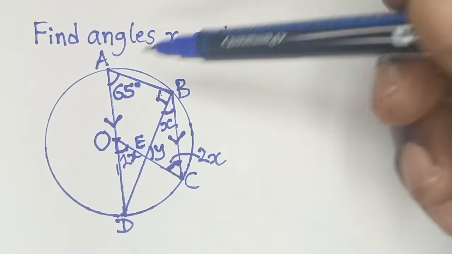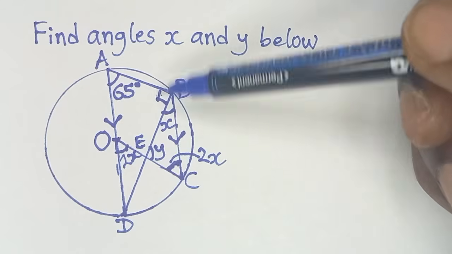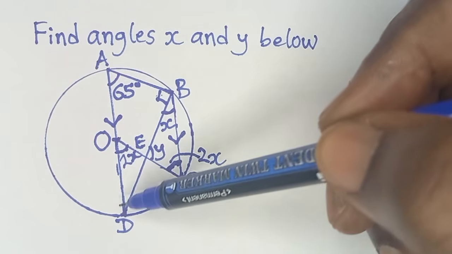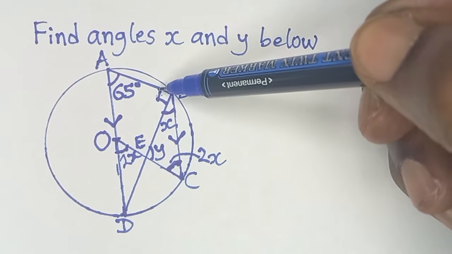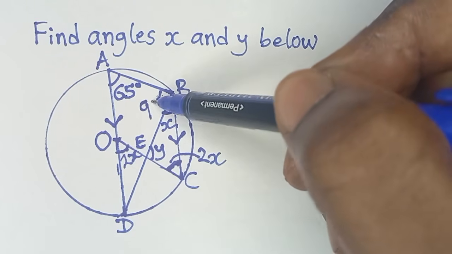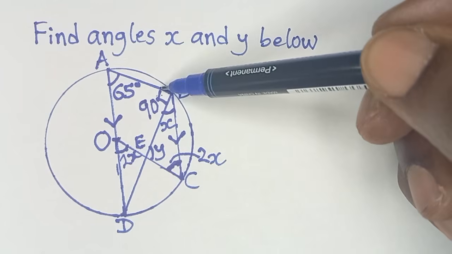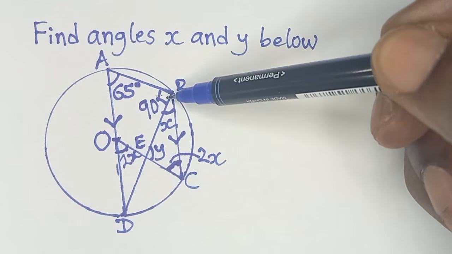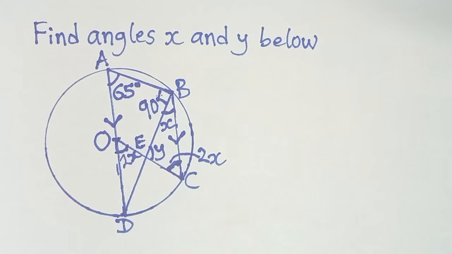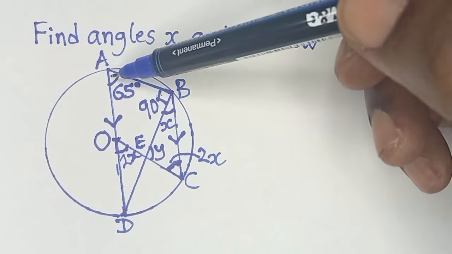So the theorem says that the angle in a semicircle is a right angle. Anytime you see a diameter line, just watch out for the angle that is opposite the diameter line. That angle automatically is 90 degrees. And the theorem is that the angle in a semicircle is a right angle. So with that, we can now see two co-interior angles.